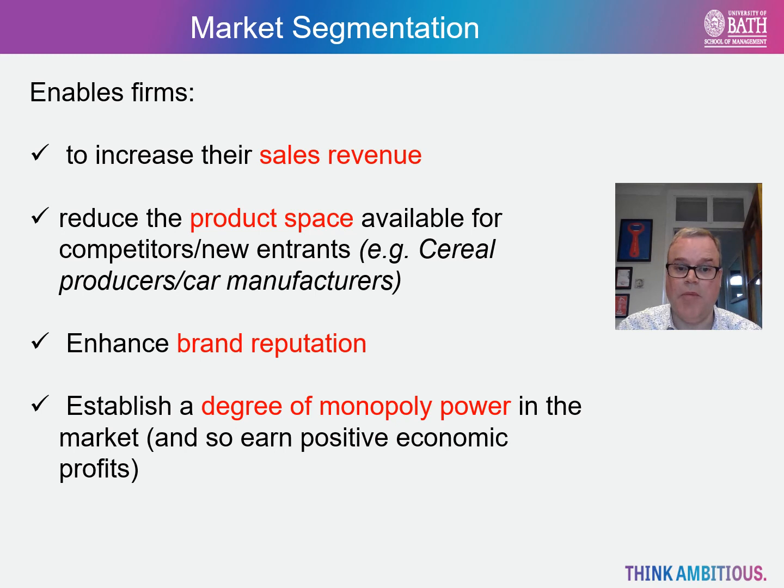They literally take up significant shelf space in the aisles of supermarkets, and there is less space for rival products. Also, by offering a variety of products, the firm's reputation might be enhanced. These things can reduce the price elasticity of demand and constitute a barrier to entry in the market, thus reducing price competition and providing incumbent firms with a degree of monopoly power to make supernormal profits.